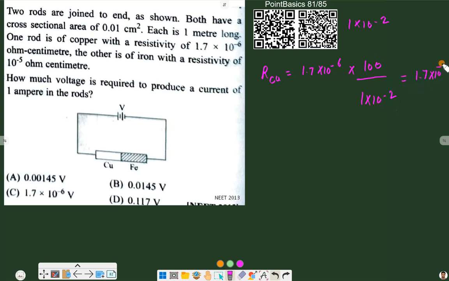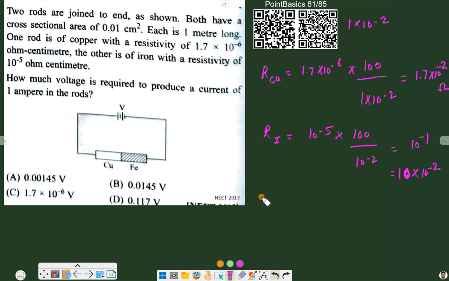So 1.7 into 10 raised to power minus 2 ohms for the copper, and for iron it is 10 raised to power minus 5 into 100 by 10 raised to power minus 2, it is 10 raised to power minus 1, or we can say 10 into 10 raised to power minus 2, sorry.